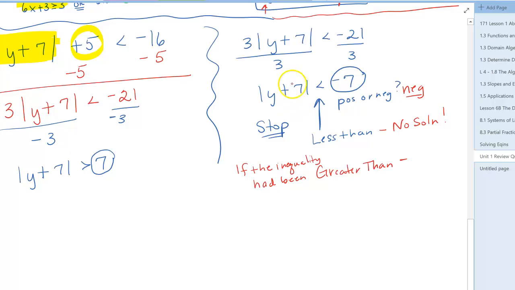No matter what I plug in here, when I take the absolute value, this side is going to be positive. So when is a positive number greater than a negative number? Every time. So this would be all real numbers.